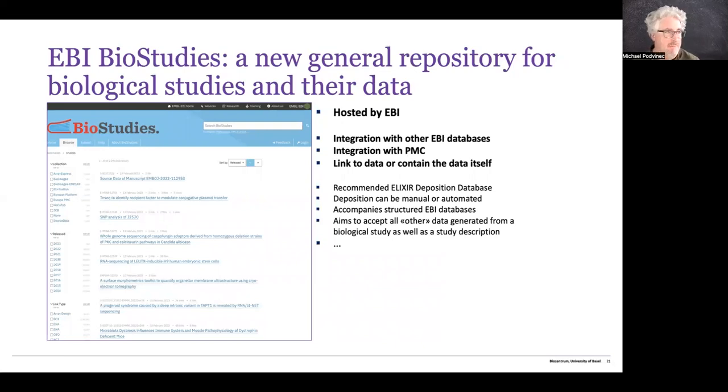It's called EBI BioStudies, which they position as where you put data you cannot put in any of the other EBI repositories. And I would really suggest you have a look at this and maybe consider using this instead of Zenodo for biomedical data, because it allows much better integration with other databases. And it is in fact recommended by ELIXIR as a deposition database.